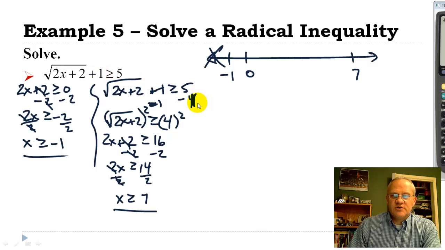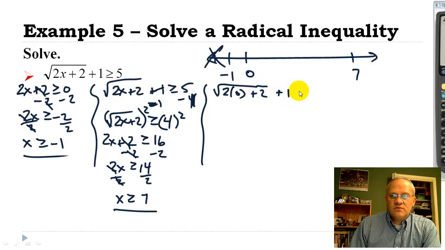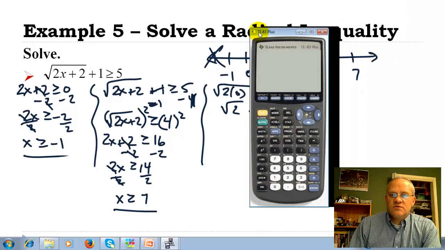So let's plug in 0 here. It's going to be the square root of 2 times 0 plus 2, and then plus 1 greater than or equal to 5. Well, let's see. What's 0 times 2? 0. And so all we have left is just the square root of 2 plus 1 is greater than or equal to 5. Let's see if that's true. Oh, calculator.